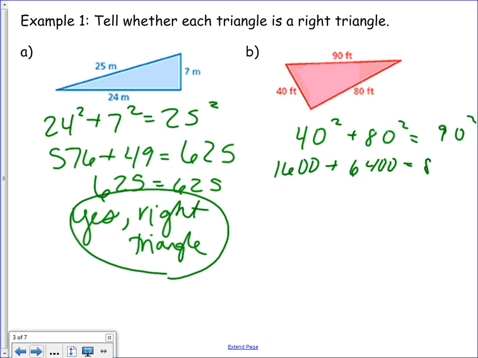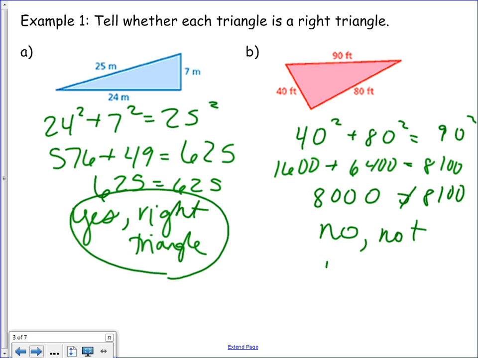And does that equal 8100? That 1600 plus 6400 is only 8,000, which is not equal to 8100. No, not a right triangle.